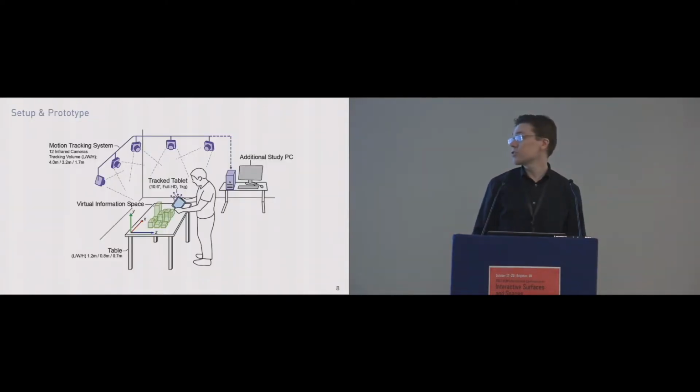Our prototype or setup for our study looks like this. So we have a tracked tablet. We have a virtual information space that we place on a table. That table is not interactive. It's just a kind of physical landmark to orient yourself. And we have a study PC and so on.